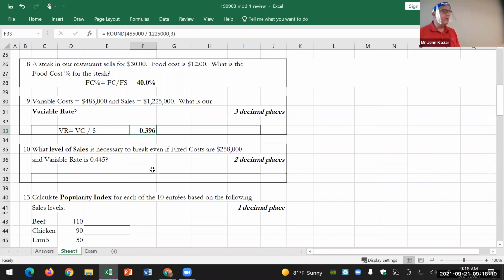Okay, so yeah, we can figure it out because by definition, the variable rate plus the contribution rate have to add up to 1. So contribution rate is equal to 1 minus 0.396.